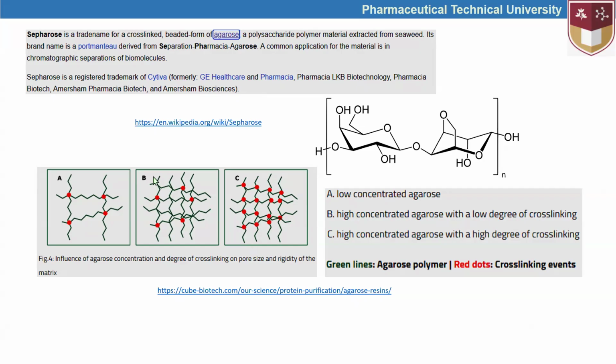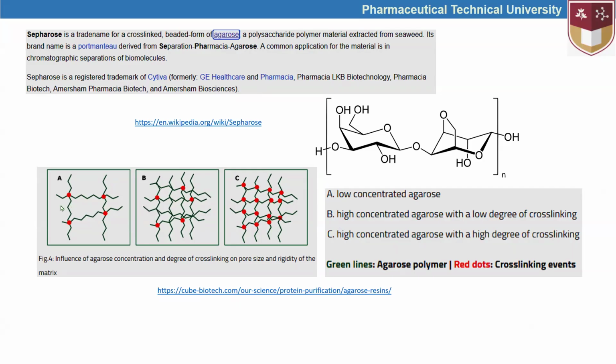The name Sepharose was taken from separation, Pharmacia and agarose, since it is used for separation, produced by Pharmacia, a Swedish company, and made of agarose. So the name Sepharose was generated. It is highly effective for the separation of proteins and peptides. Sepharose is a registered trademark of Cytiva.